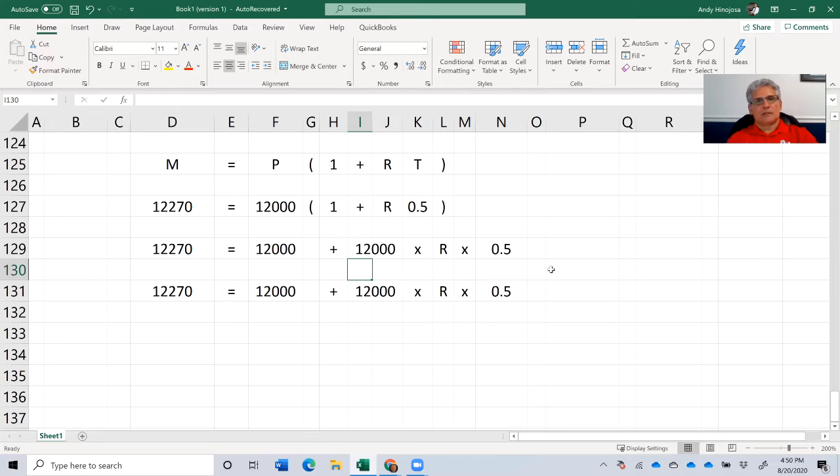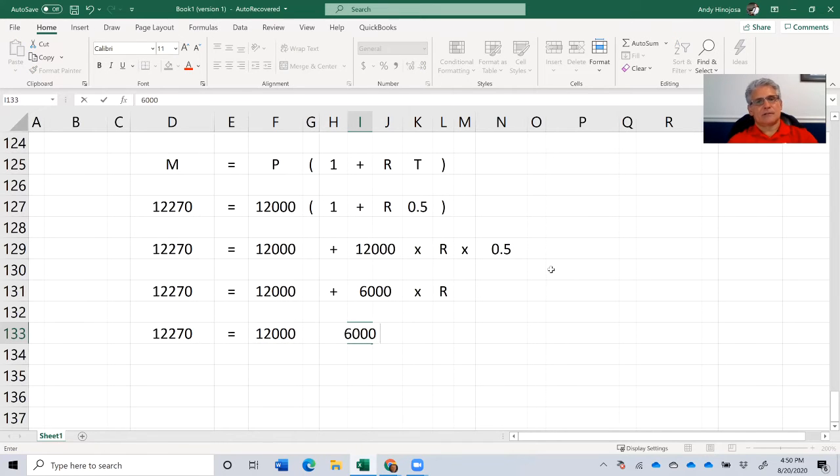So what we're looking at is 12,000 times 0.5, which would be 6,000. So we've taken the 12,000 times 0.5 and come up with 6,000, which means we can get rid of this. So this can be written again as 6,000 R, which is the same as 6,000 times R. Okay?